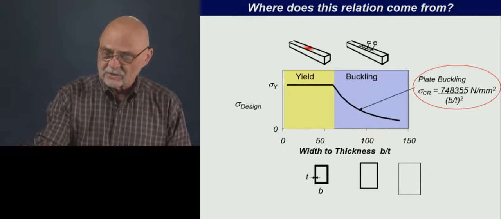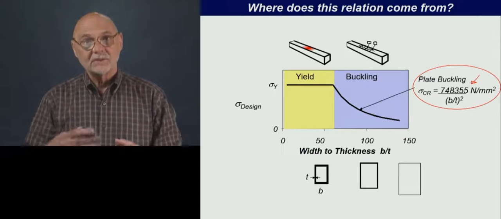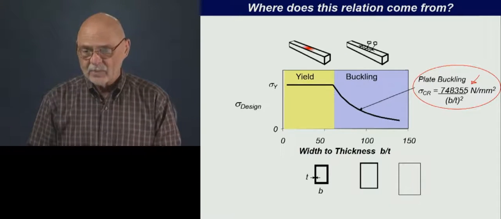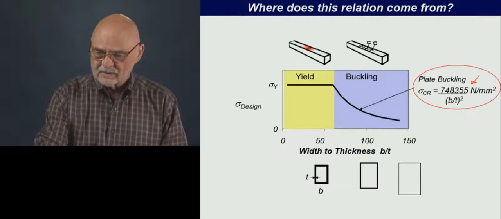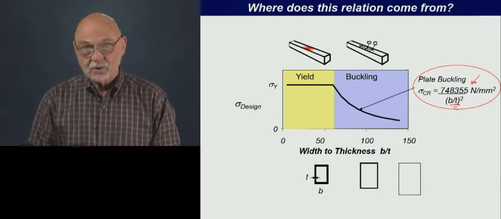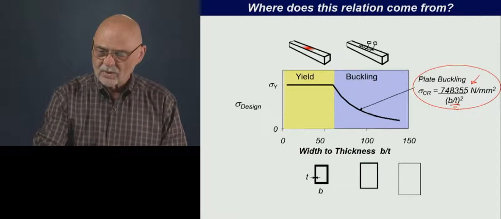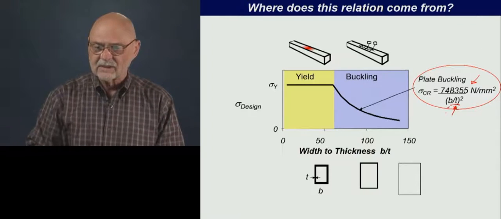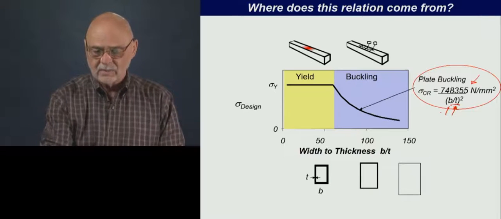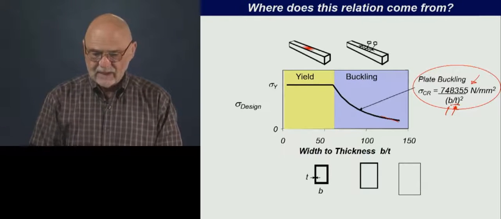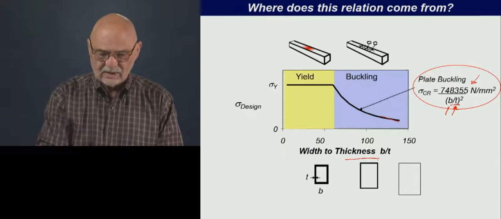So before, I just said, well, just trust me, this is the relationship for plate buckling. It's a function of this b over t squared. So the thinner the section, the lower the t relative to b, the lower the buckling stress will be as we go in this direction.